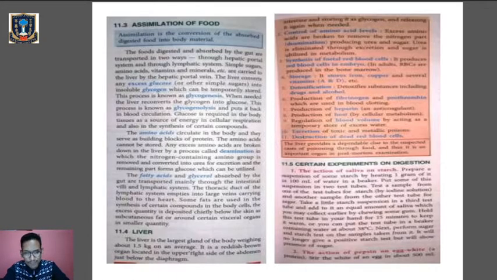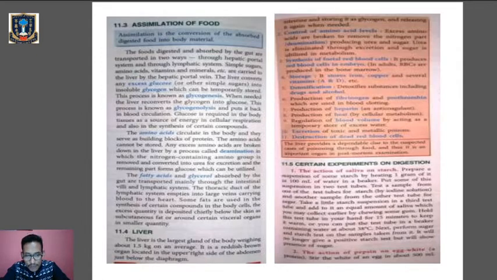Next, the amino acids circulate in the body and serve as the building blocks of proteins. Amino acids cannot be stored. Any excess amino acids will be broken down in the liver by the process called deamination. Clear?